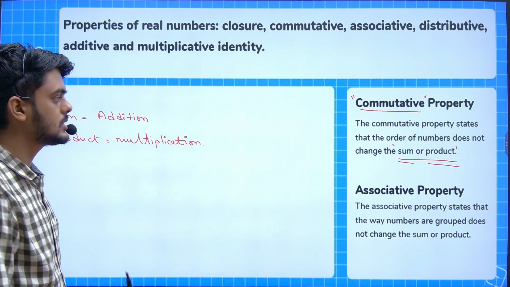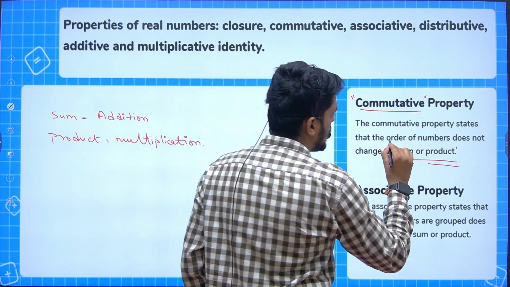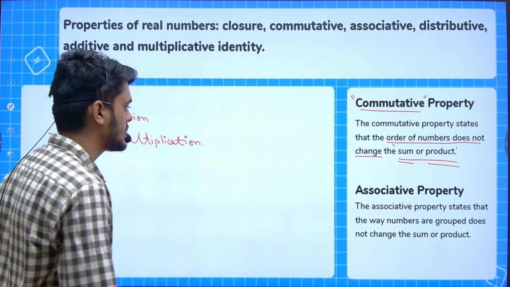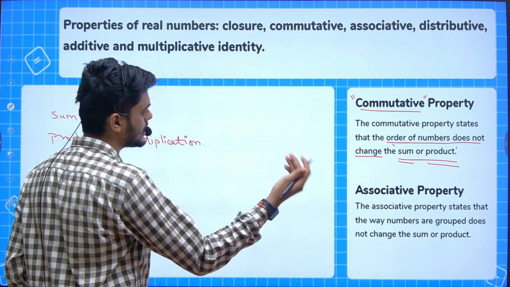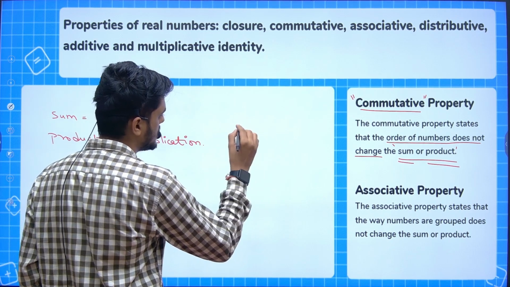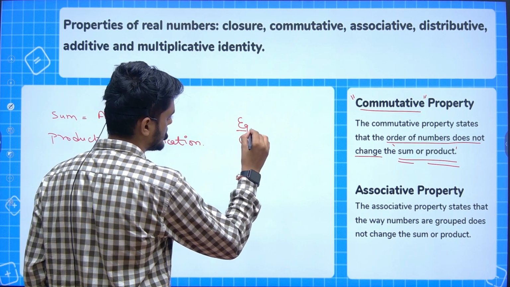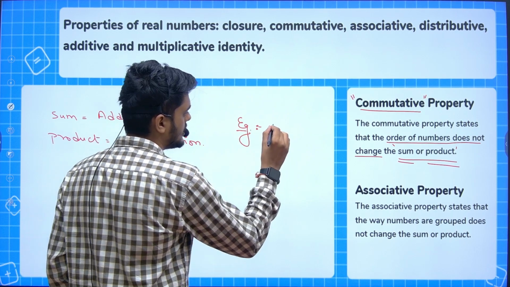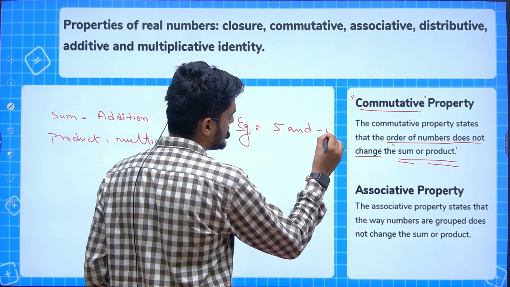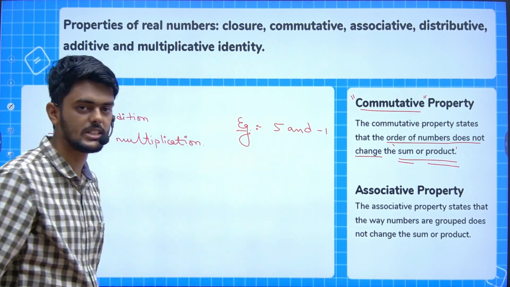Now what does this state? That the order of numbers does not change their sum or product. For example, considering any number system and taking any two numbers, if I take 5 and minus 1, this belongs to the set of integers.